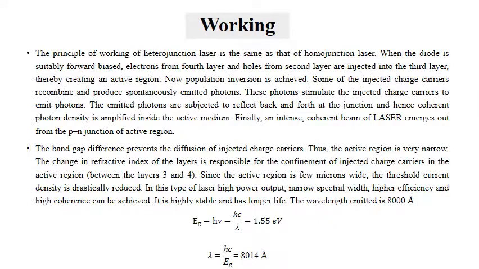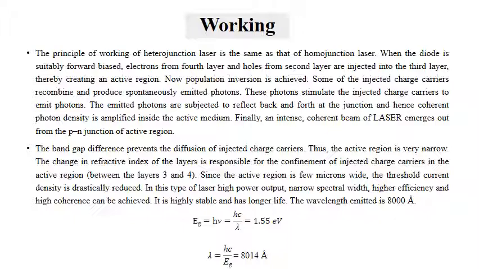Working: the principle of working of heterojunction laser is the same as that of homojunction laser. When the diode is suitably forward biased, electrons from the fourth layer and holes from the second layer are injected into the third layer, thereby creating an active region. Now, population inversion is achieved. Some of the injected charge carriers recombine and produce spontaneously emitted photons.